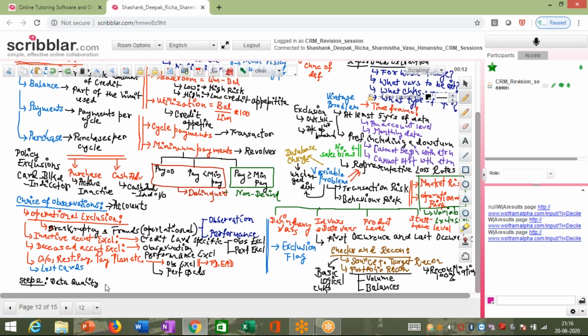Initial variable waterfall exercise. Now, when I talk about the variable waterfall, there are a few things. The variable waterfall comprises of reducing the variables, or excluding the variables at each stage of the analysis.